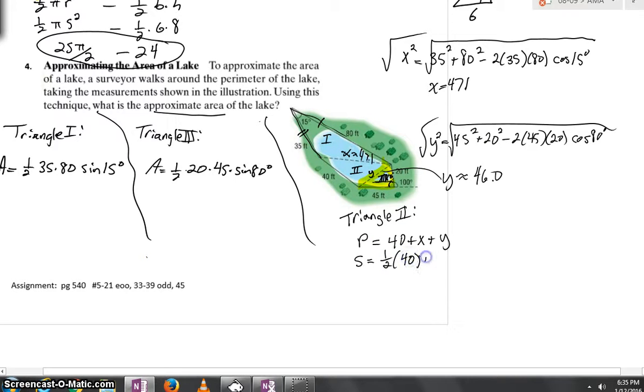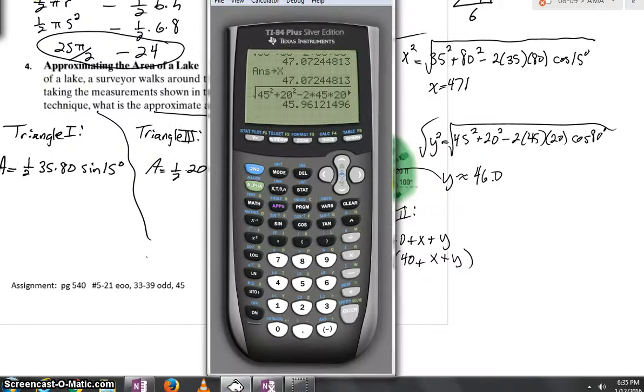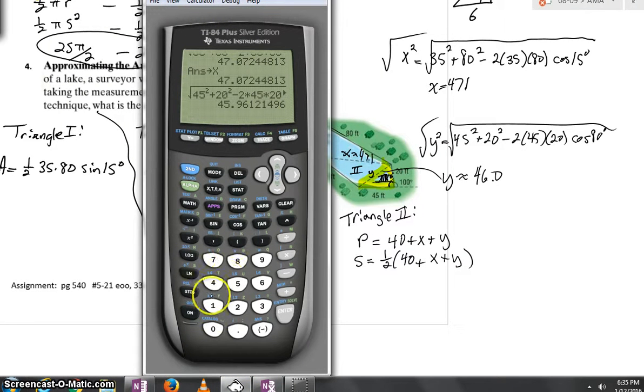So look what we can do right now. This is kind of nice. We could store 1/2 times 40 plus X plus Y for S. So I'm going to do that right now. I'll go 0.5 instead of a half. You could make the fraction show up just as well.